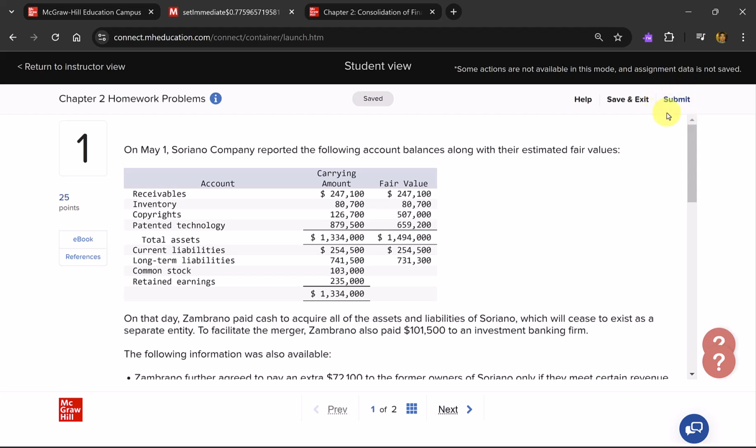Once you submit, you're going to have 2 more submission attempts for the whole 2-problem homework assignment. When you start your second submission, the check my work buttons will reset to 3 more per problem. So again, this is a demonstration video doing that second problem for the chapter 2 homework.